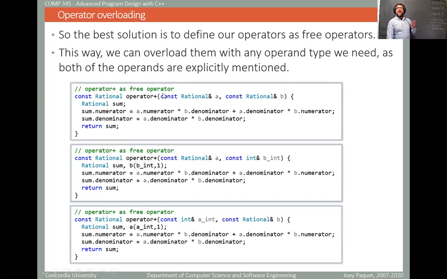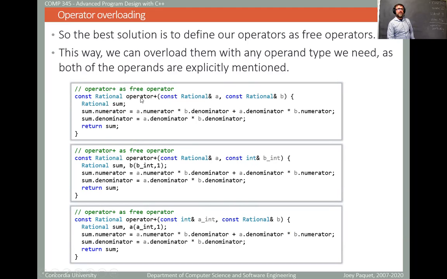So if you want to have, for example, your plus operator on two rational objects, left operand is rational, right operand is rational, this is how you would do it. If you want to have left operand rational, right operand an int, that's the operator you need. If you want to have left operand an int and right operand rational, then that's how you would do it.